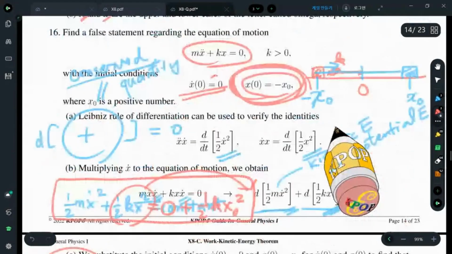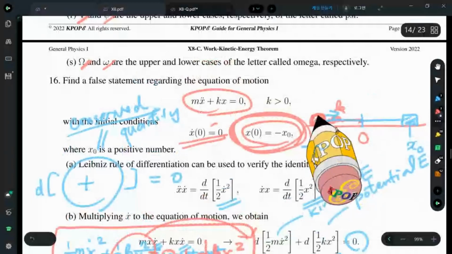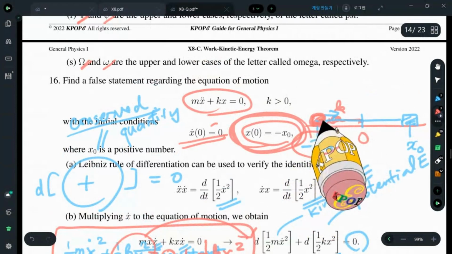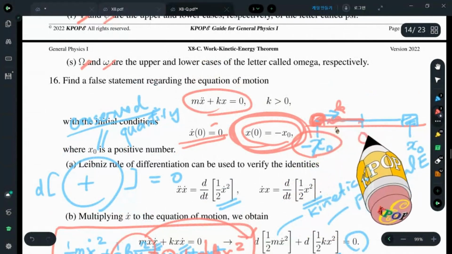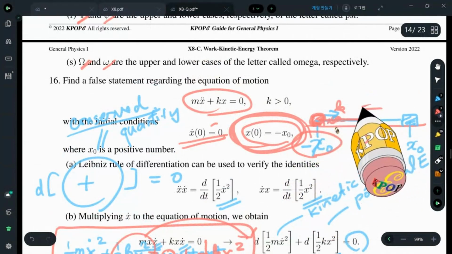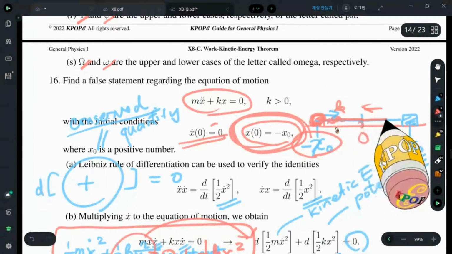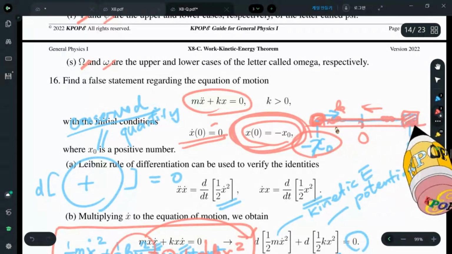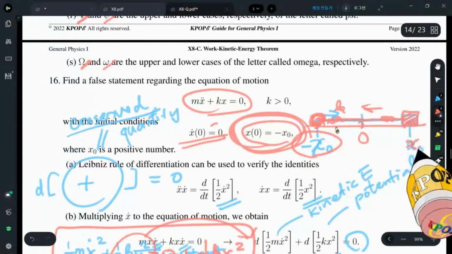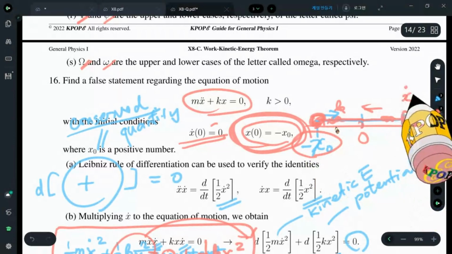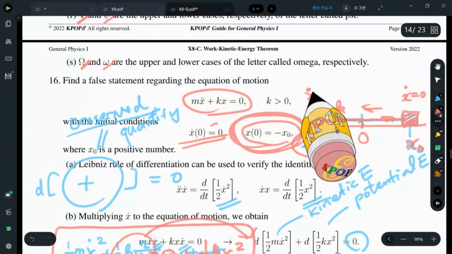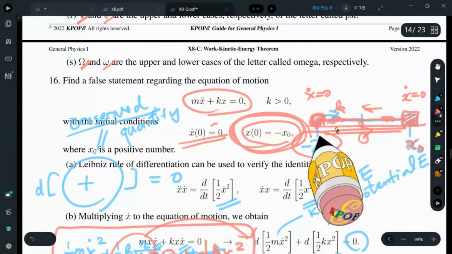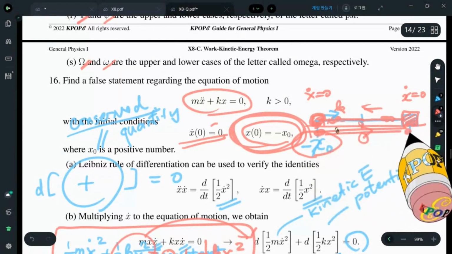I told you we began with the system initially at rest at x equals minus x0, and it accelerates, and when it passes the origin, the force is backwards, so it slows down, and in the end it stops at the opposite position. X dot becomes 0 again. So I'd like to find the time from here to there.